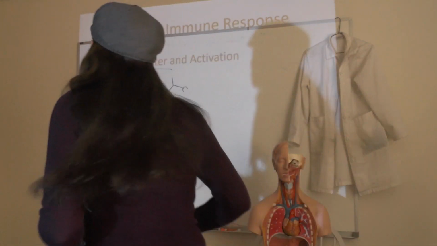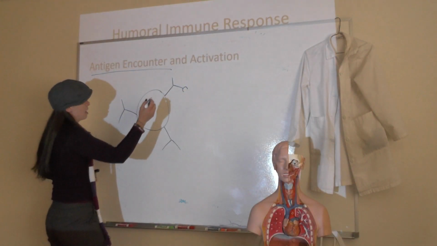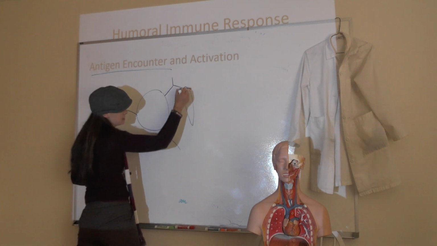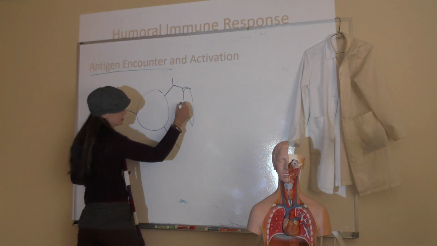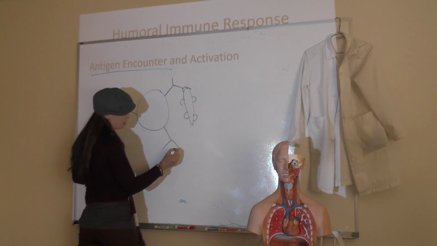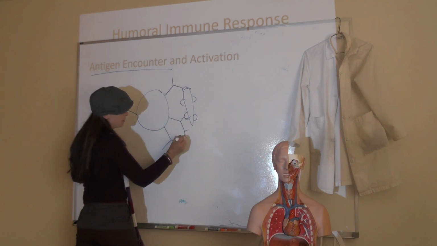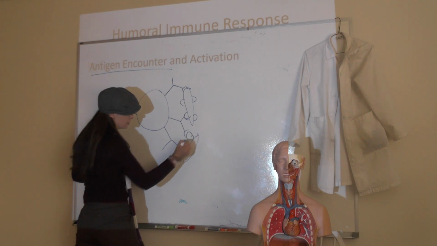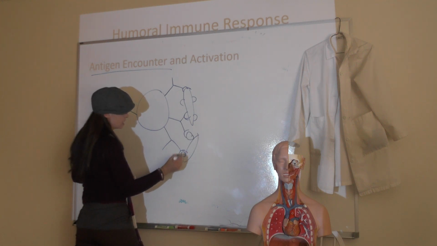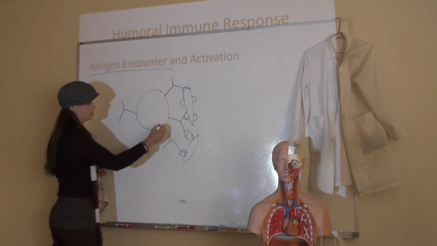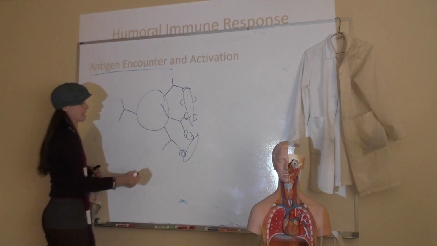endocytosis, where all of those bound receptors come into the B cell, and it can process the antigen and present it. So what's going to happen in our B cells, we'll say this is a bacteria, and all these little blue blobs are the epitopes, then our B cell receptors are going to bind to several epitopes of this antigen, and that's going to induce receptor cross-linking.